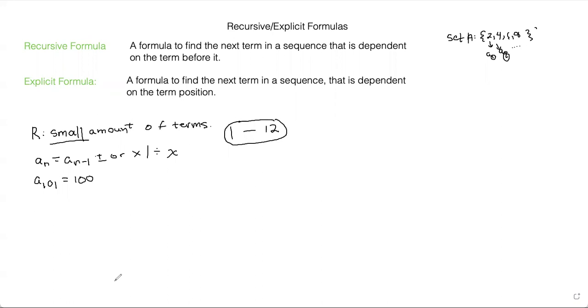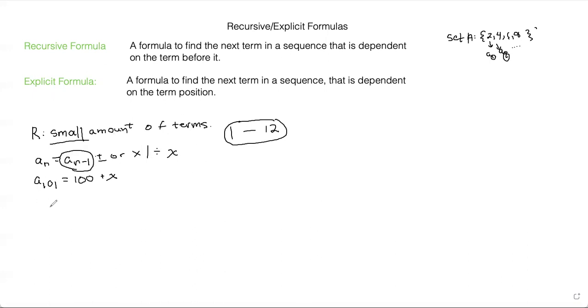And then adding 2 to it, or adding or multiplying x to it, that is quite the impossible feat for complicated sequences, right? So recursive, in short, are when you have a small amount of terms and the formula is dependent on the term before it. So it really should have a term like this, right?